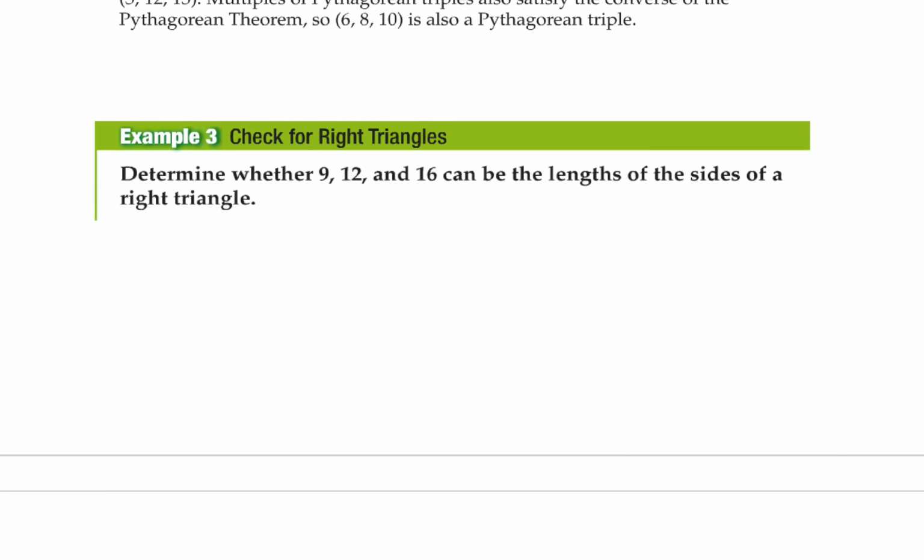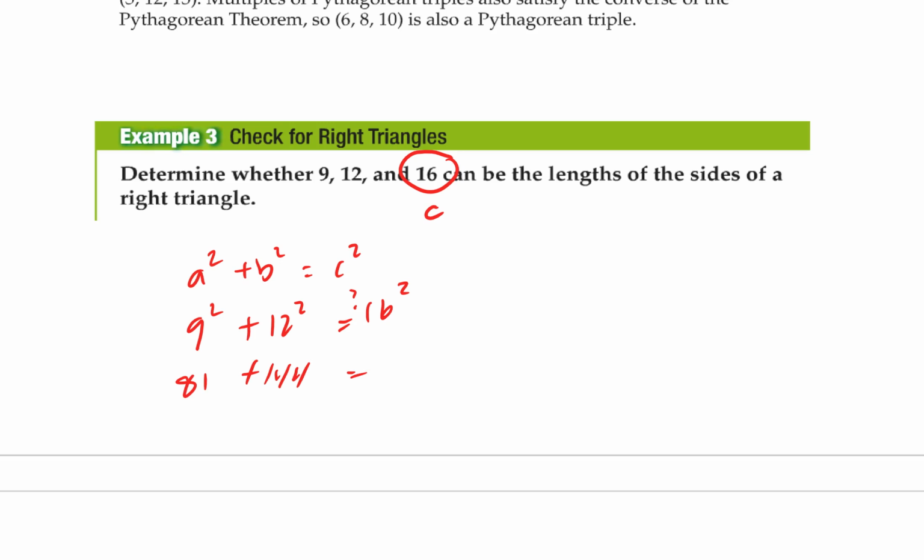So let's do a couple examples. I want to know whether this is a right triangle or not. First thing I want to do is figure out the biggest side. 16. That's my c. A and b don't matter, whatever. Let's see if this holds. 9 squared plus 12 squared, does that equal 16 squared? 9 squared is 81, 12 squared is 144, and 16 squared is 256.